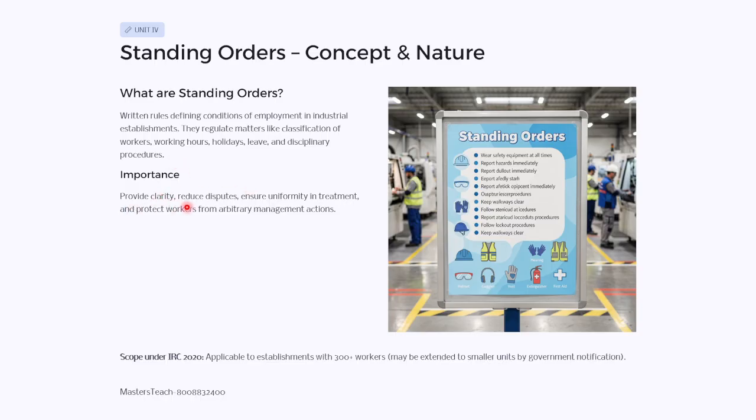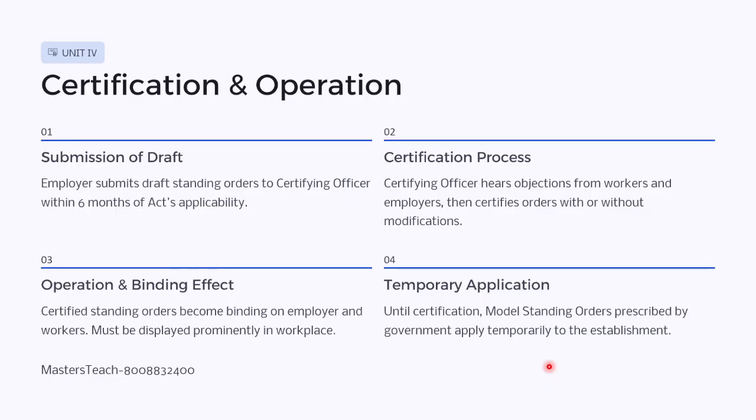It provides clarity, reduces disputes, ensures uniformity in treatment, and protects workers from arbitrary management action. So this is about the standing orders. Scope of IRC 2020: applicable to establishments with 300 plus workers, may be extended to smaller units by government notification.